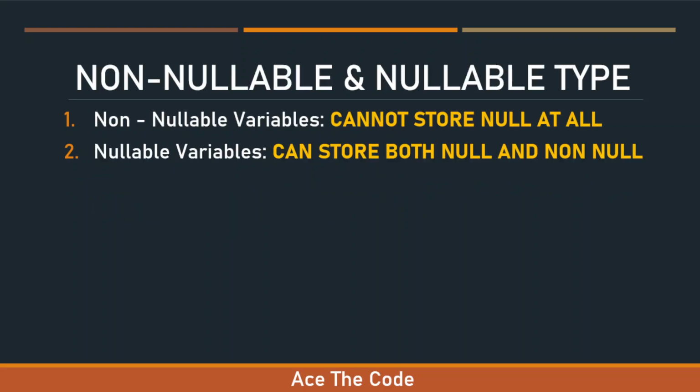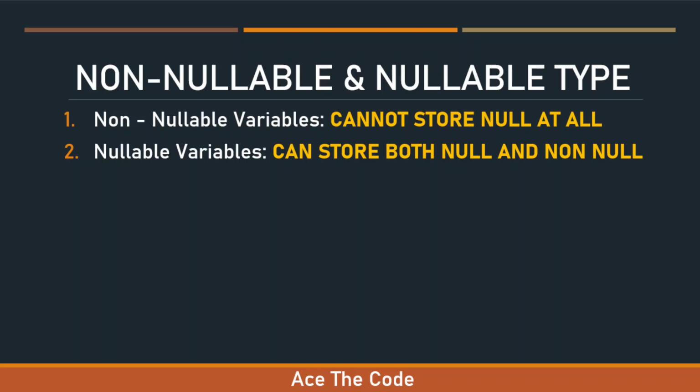Apart from this, there is another important point about data types and variables. In Kotlin, we can declare variables of two different types, based on whether they can store null values or they cannot. This is not available in Java directly.